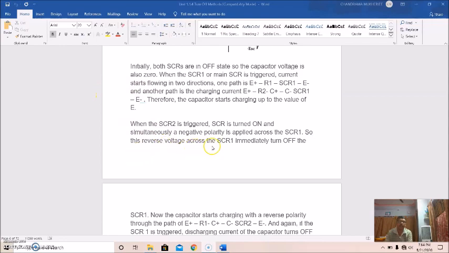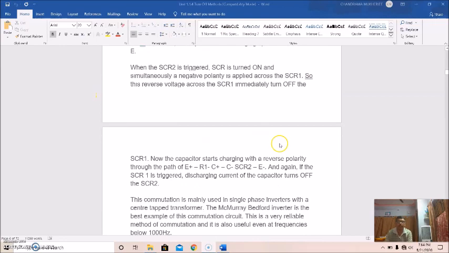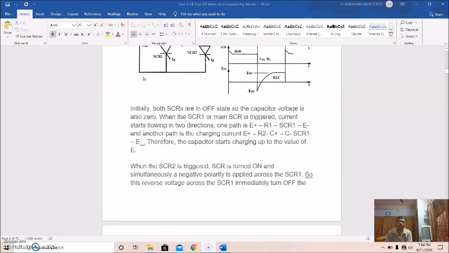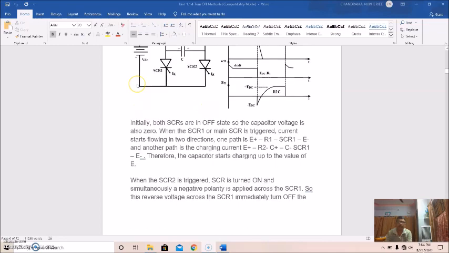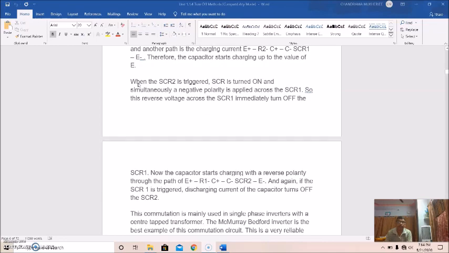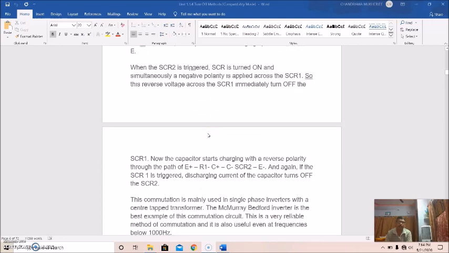So the reverse voltage across thyristor 1 immediately turns it off. Now the capacitor starts charging with reverse polarity through this part, that is E positive, load, then C positive, C negative, then thyristor 2, then E negative. Okay. And again, if thyristor 1 is triggered, the discharging current of the capacitor will turn off SCR2.